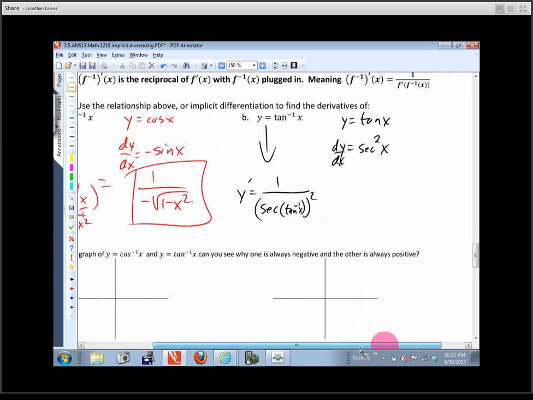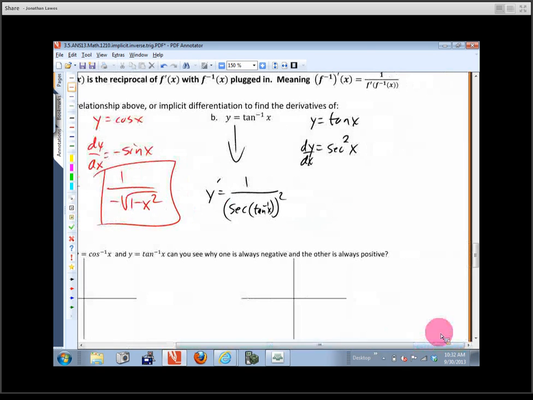Okay, that's not too bad. Where do I have to draw? So if I've got tangent inverse of x, and I put that over 1, I should draw that in the first or the fourth quadrant. Okay, we don't know what x is. It doesn't really matter. What side is this?